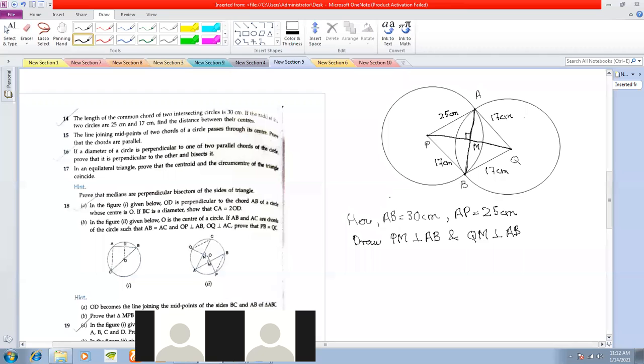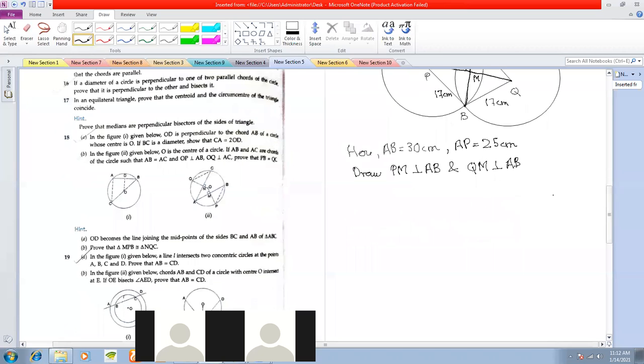Now the question here is obviously that if I have drawn these two lengths, this is just a quiz. If I have a straight line, if this is my center P and if this is my center Q, if I draw a perpendicular from P, say it meets at M, and if I draw a perpendicular from Q, it can meet at N also.